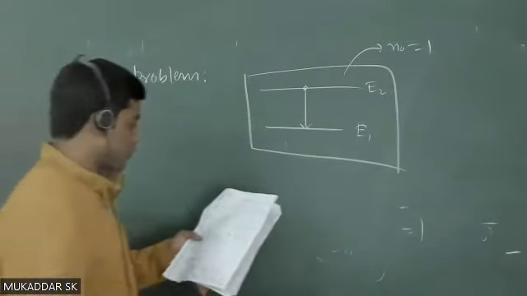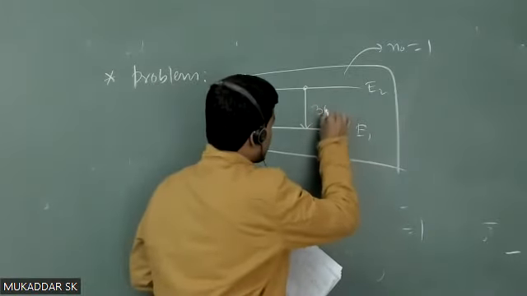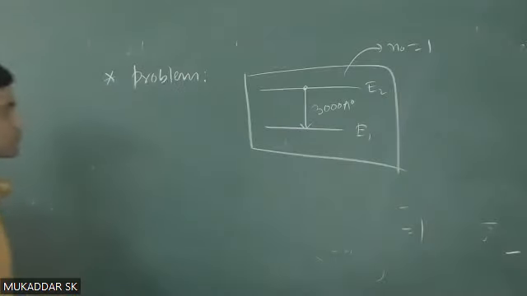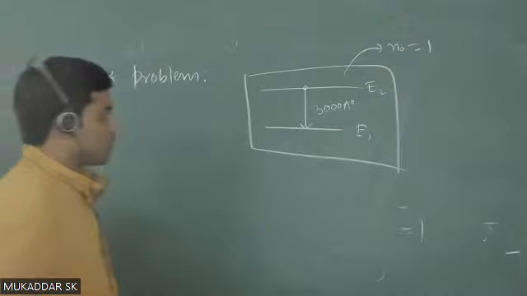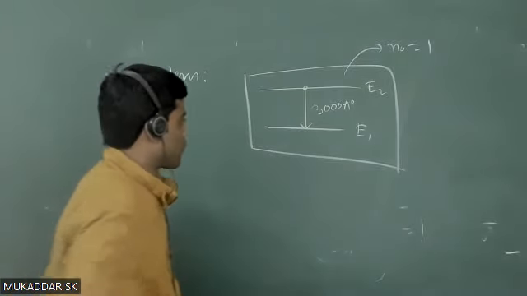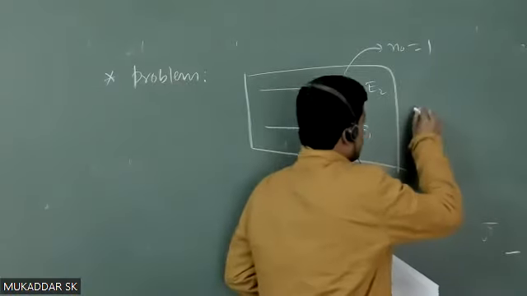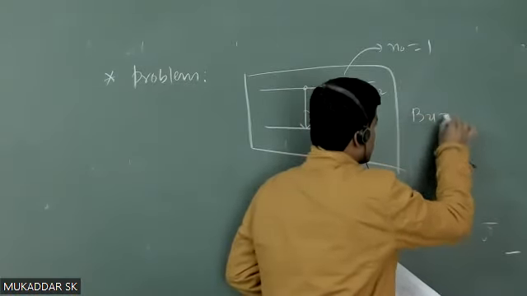The wavelength of this photon is given, that is 3000 Angstrom. Okay. 3000 Angstrom is given, that is the wavelength of the photon. And also the coefficient of stimulated emission is given.